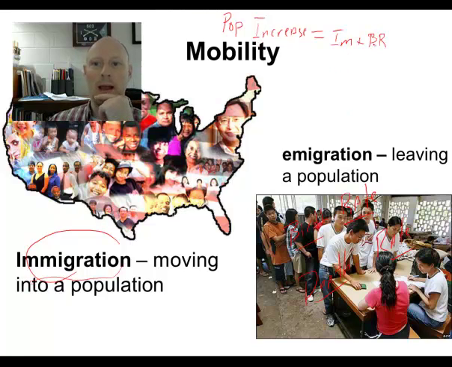So I take my immigration and my birth rate and subtract from that the two things that decrease a population. I have emigration, that's leaving, so we'll use EM here, plus what's going to subtract or remove? That's going to be death rate, which has a tendency to lower the population. Let's put these in brackets and make it a little more mathematical looking.